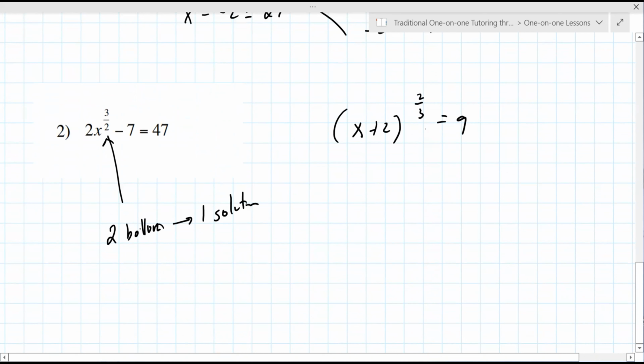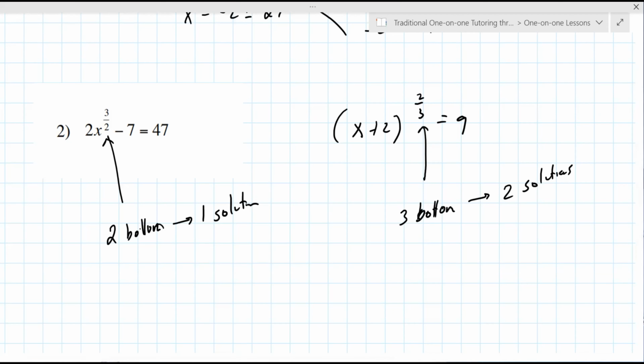But when the 2 is on the top, or in this case 3 is on the bottom, or an odd number, there's the potential for 2 solutions. So that is all I have to say about fractional exponents. I would just look at these examples again before you go into the exam for that.